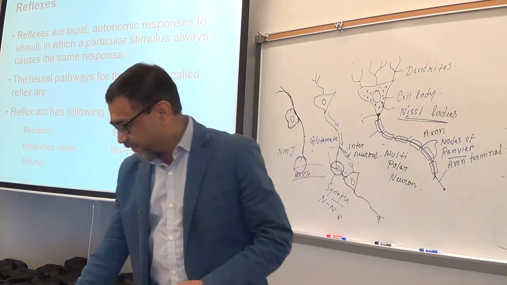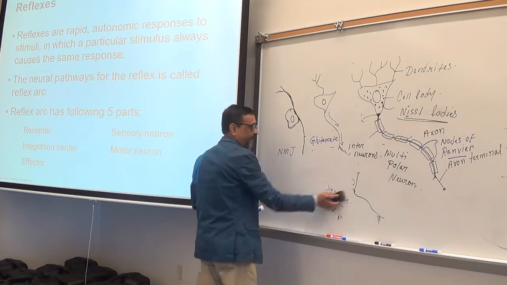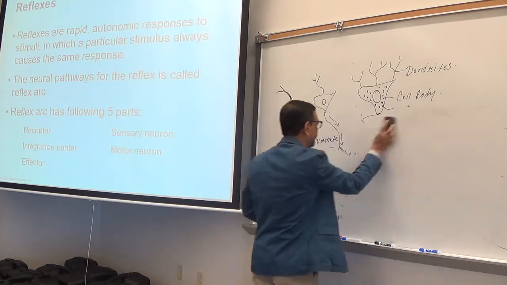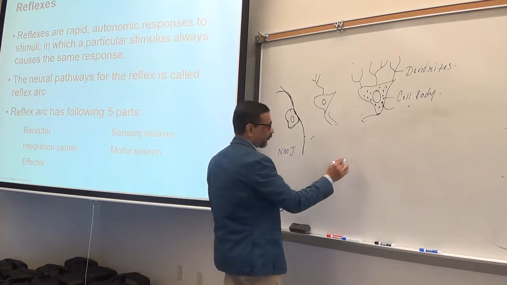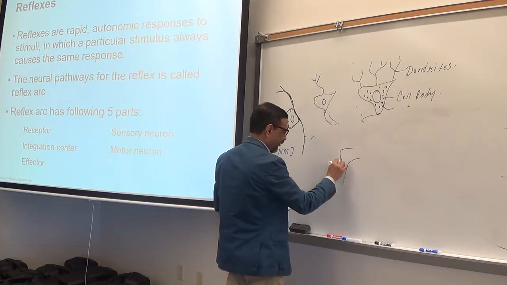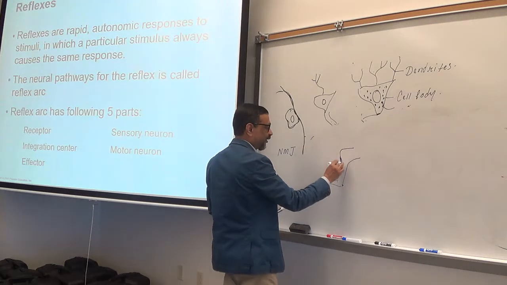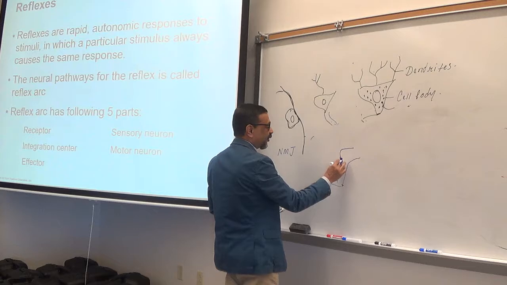Now, the reflex arc is the complete pathway of the reflex. Let me just show you what a reflex arc is. Okay, this is your leg. Here is the patellar ligament. You know that, and you have the receptors here.